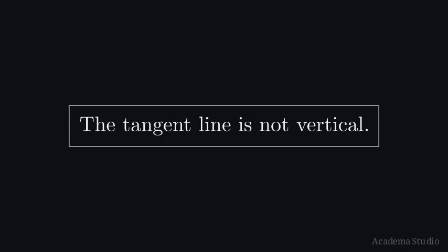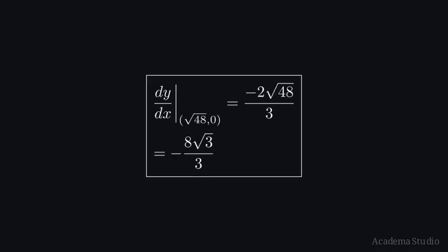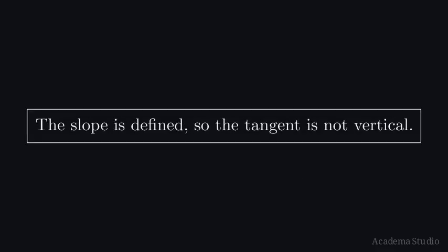The tangent line is not vertical because the denominator of dy divided by dx is non-zero, so the slope is defined. The final answer: 3 plus 4(0) equals 3, not equal to 0. Therefore, the tangent line at the square root of 48, 0, is not vertical. The final answer: the slope is defined, so the tangent is not vertical.